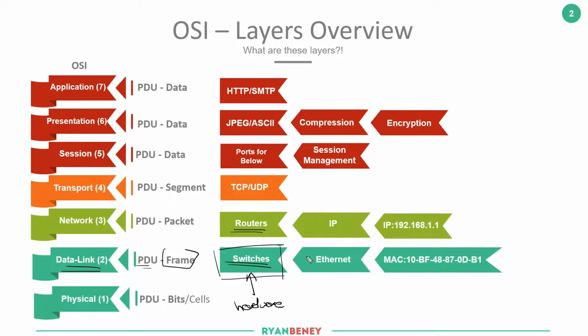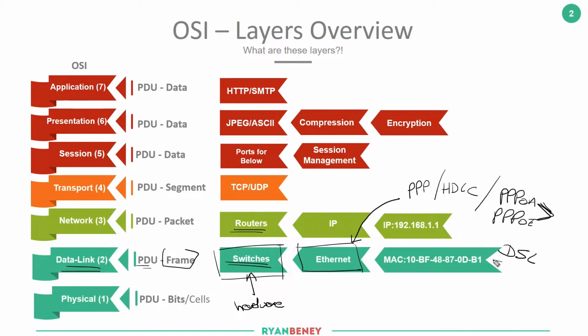An example of a protocol that runs at the data link layer is most popularly known as Ethernet, but there are other protocols like PPP, HDLC, and we also have protocols like PPPoA and PPPoE, which are used to actually deliver digital subscriber line technology, which essentially is your broadband.